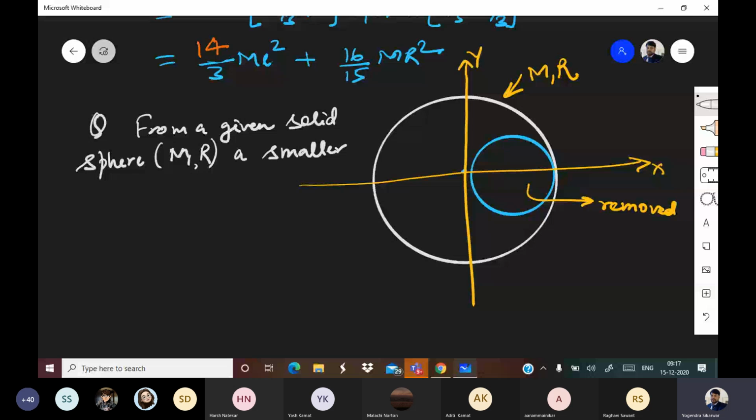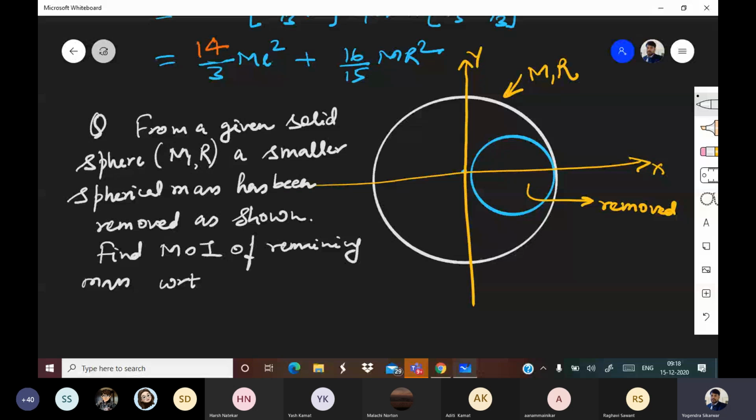Find MOI of remaining mass with respect to number 1 x-axis, number 2 y-axis, and number 3 z-axis.